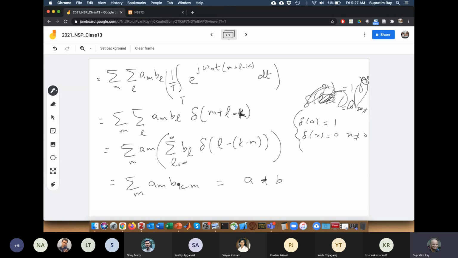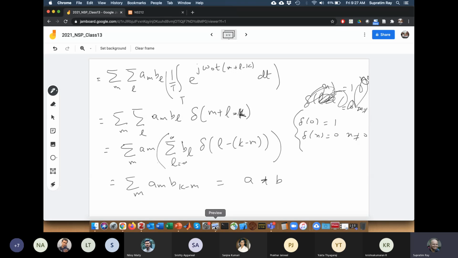So this entire sum is just b of k minus m. That term is preserved, everything else is killed. Does that make sense? Yeah. Okay. So this is a killer property.